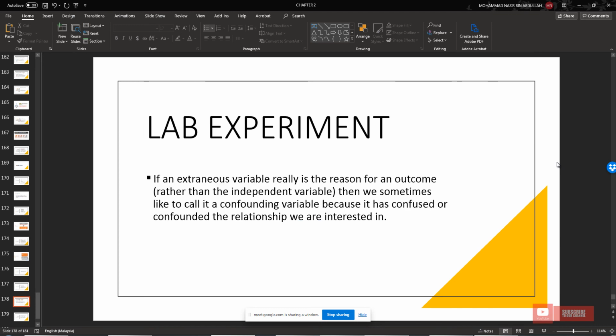So if an extraneous variable really is the reason for the outcome rather than the independent variable, then we sometimes call it a confounding variable, because it has confused or confounded the relationship we are interested in.